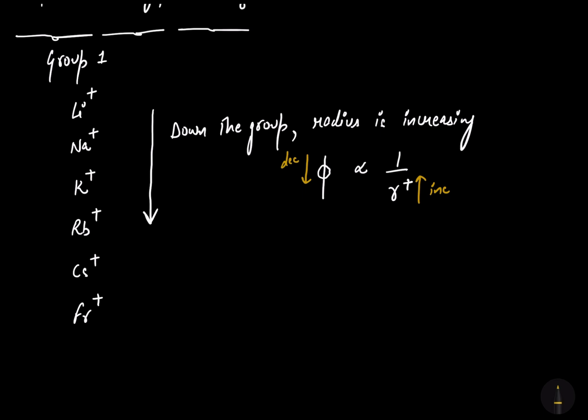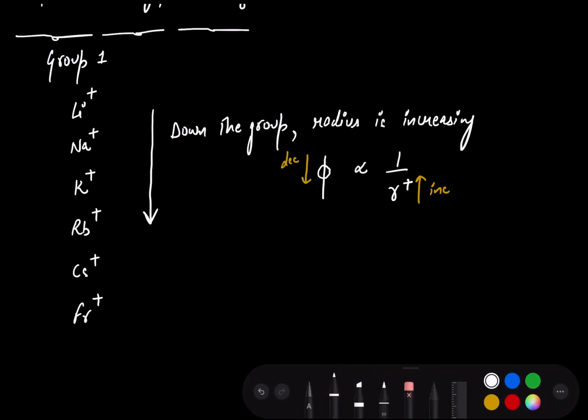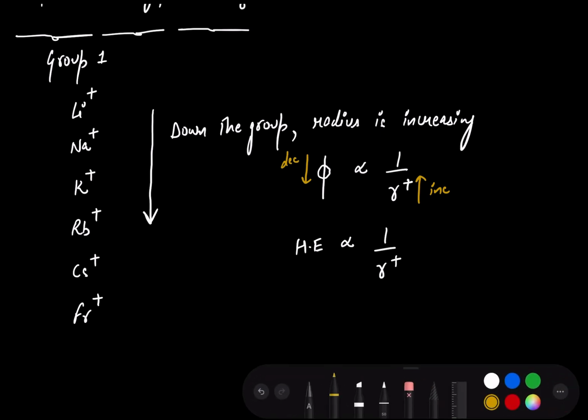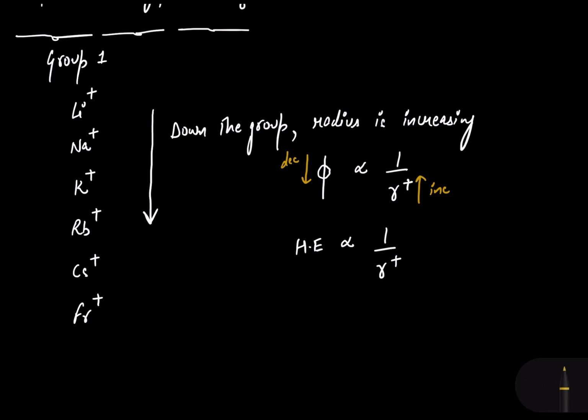Now, as we know, hydration energy is directly proportional to charge density, that means as we move down the group, the radius of cation increases, then obviously hydration energy will also decrease down the group.